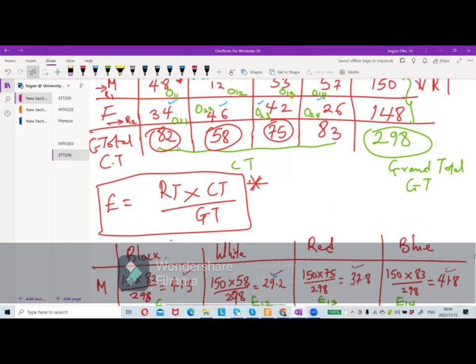What is the formula to calculate expected value? That is RT multiplied by CT divided by GT. That will give you expected, the expected of each of the observations. Then we take the observations one by one.